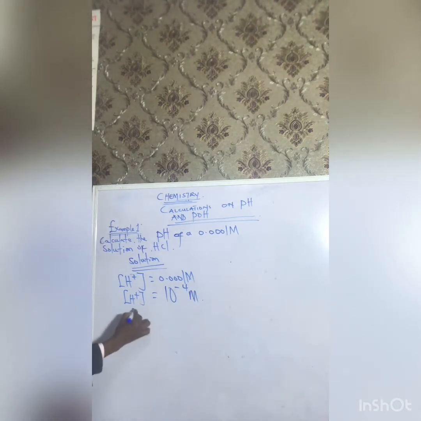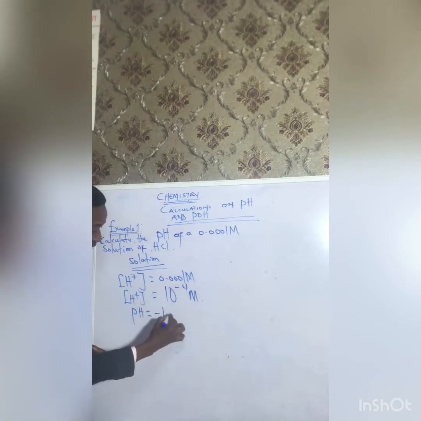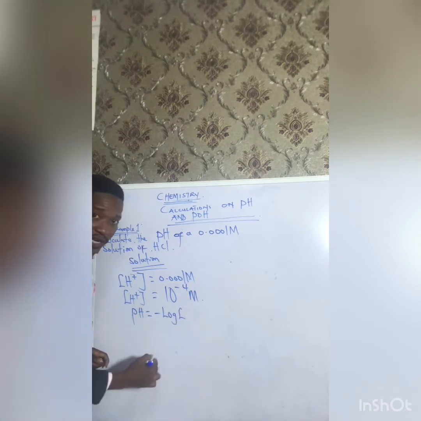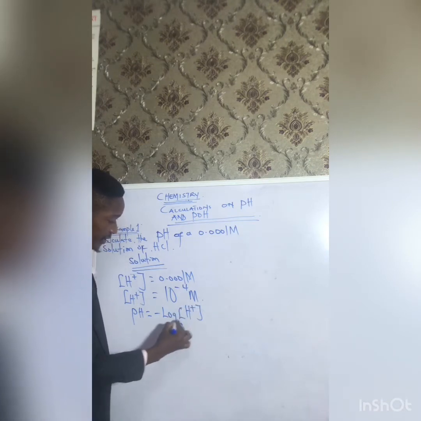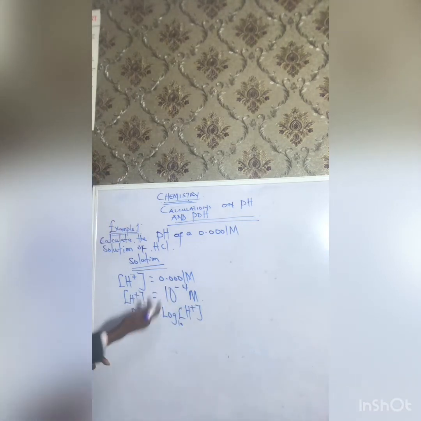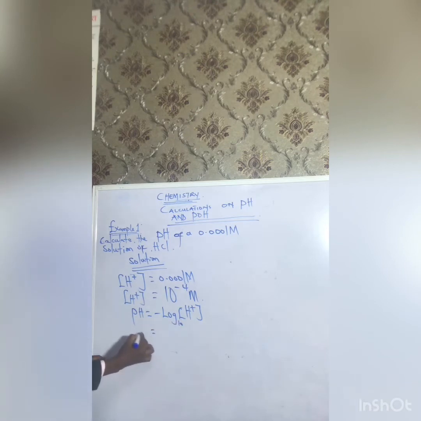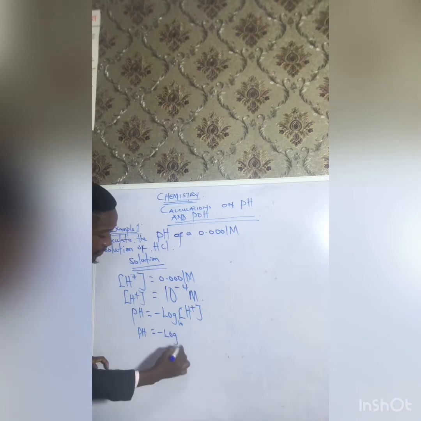Remember, our pH itself is equal to negative logarithm of hydrogen ion concentration to base 10. So let's put this value into this formula. We're going to have pH equals negative logarithm of 10 raised to the power minus 4, base 10.